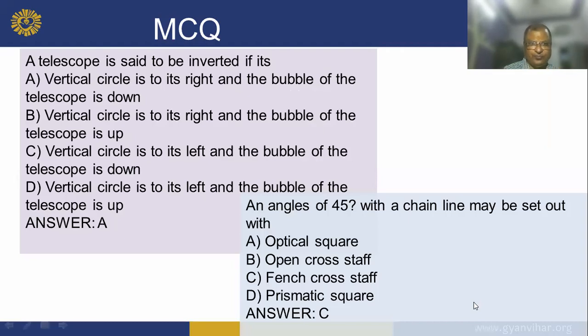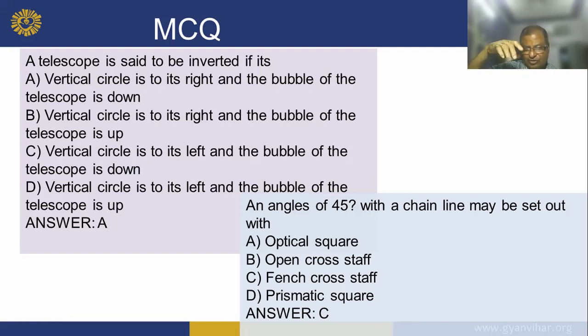Now, a telescope is said to be inverted when the vertical circle is to the right or the bubble of the telescope is down or up. Which is the correct answer? The correct answer is A. The vertical circle is to the right and the bubble of the telescope is down.